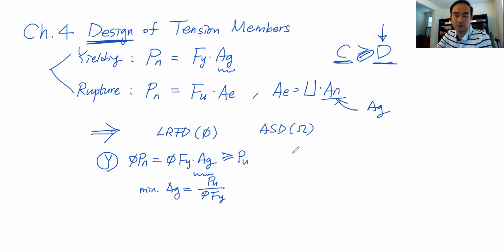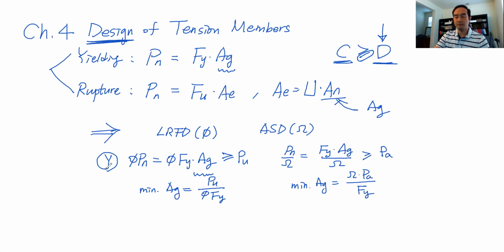ASD is very similar. It is going to be Pn over omega, which is Fy times Ag over omega, and that is the capacity that should be larger than or equal to Pa in this case. So when you solve it for Ag, everything else goes to the other side. So Ag is going to be larger than or equal to omega times Pa over Fy, so that minimum Ag will be equal to omega times Pa over Fy, right?